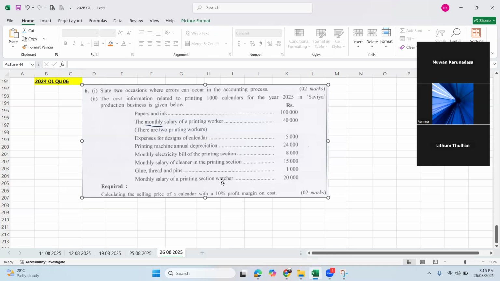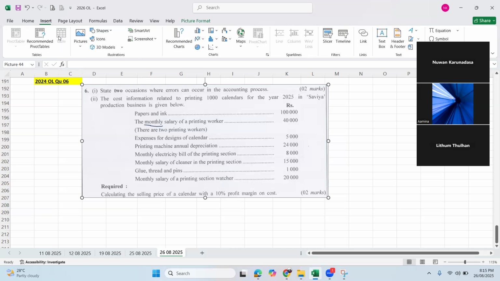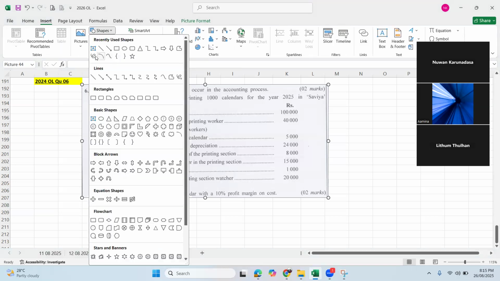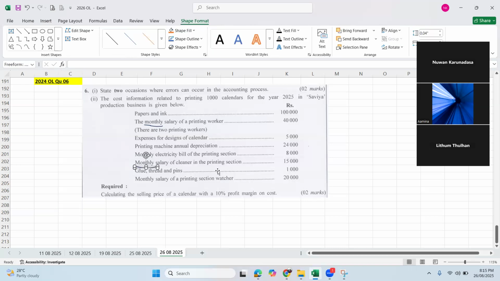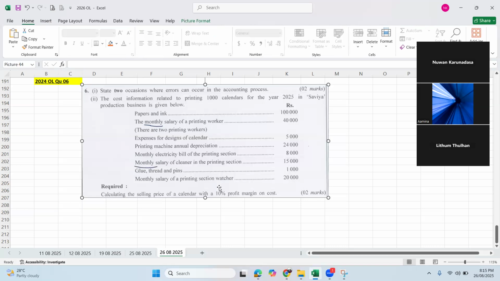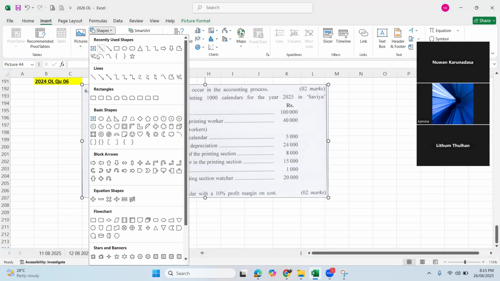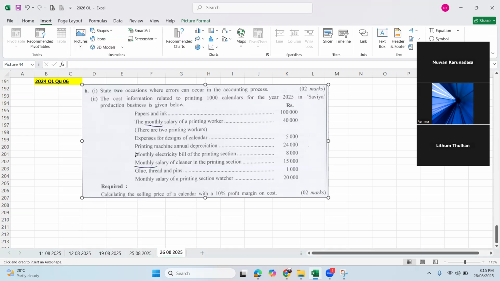Printing machine annual depreciation, indirect cost, that is production overhead. Monthly electricity bill for the printing machine, again monthly. They confuse you by giving monthly and annually. Monthly salary of the cleaner of the printing section, again monthly.